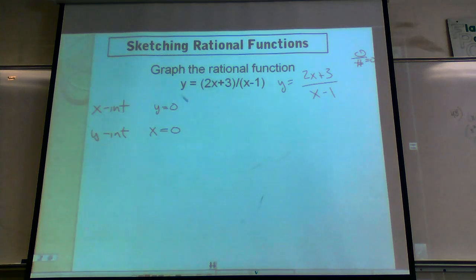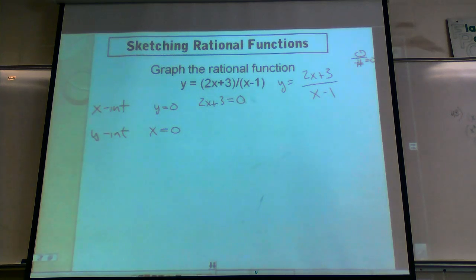So when you do the x-intercepts, you're essentially taking the numerator and setting it equal to 0. Now the only ones you would throw out here would be a number that if you solved it and plugged it back in, made the denominator 0. You would not include it, because that would make the function undefined.